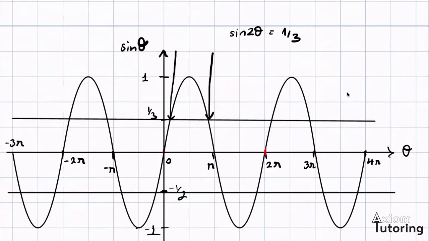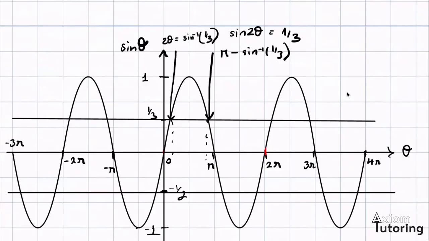So this initial value will be 2 theta equals sine to the -1 of 1/3. And then our second solution, which comes from the symmetry of our graph, is just going to be pi minus sine to the -1 of 1/3.